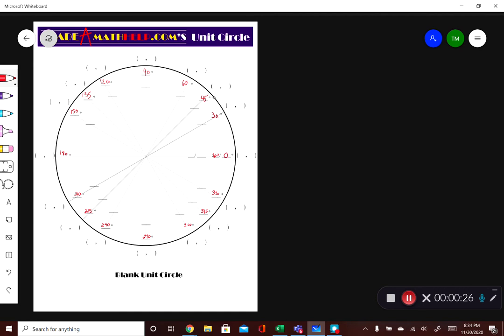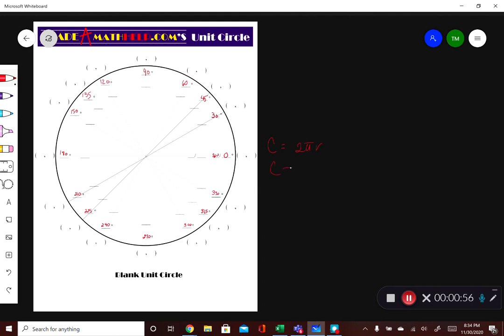So the first thing I want to explain is what the radian measure means, especially with regards to the unit circle. This is called a unit circle because it's a circle of 1 unit, meaning the radius is 1 unit. So if we want to find the circumference, which is the distance around the circle, then our formula for that is 2 pi r, and that gives us the circumference.